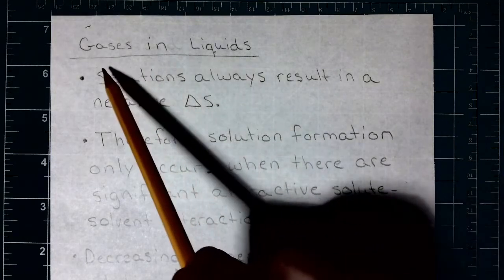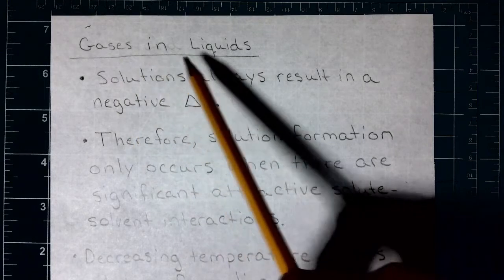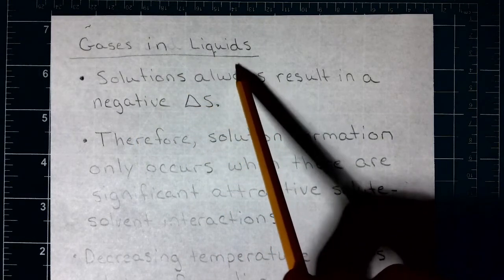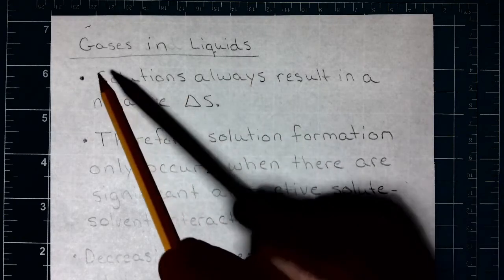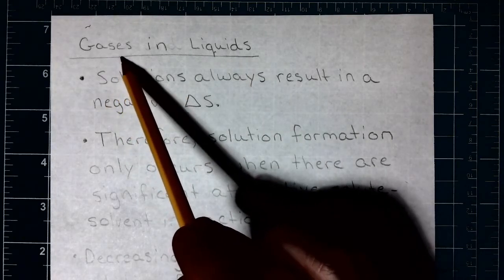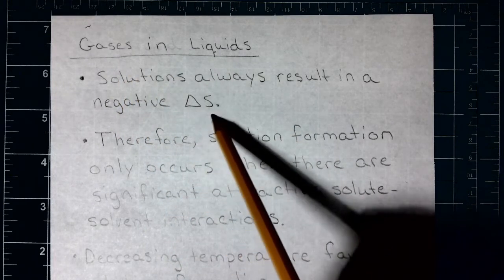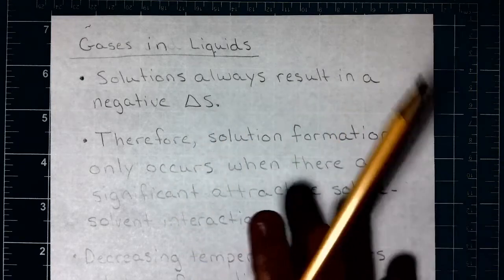This is the fizziness that's inside of a soda. It is that kind of gross rotten egg smell maybe you've smelled from water before. That's hydrogen sulfide, which is a gas that's dissolved in the water. There are many, many cases where gases are actually dissolved in liquids. And they always have this negative delta S because you're now confining and ordering that system more.